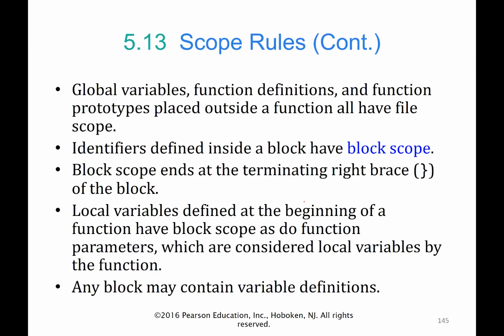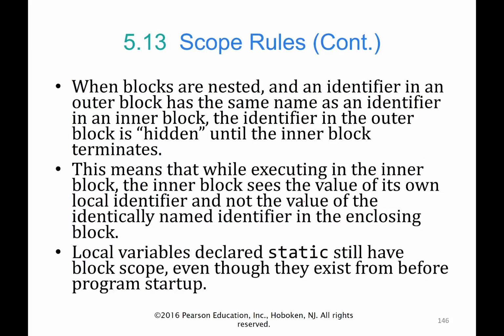Again, blocks can also contain other blocks. This is a tricky one right here. If we nest blocks and the outer block has the same name as the inner block, the outer block is hidden. So we could use the same variable twice, even though we're within the main block.